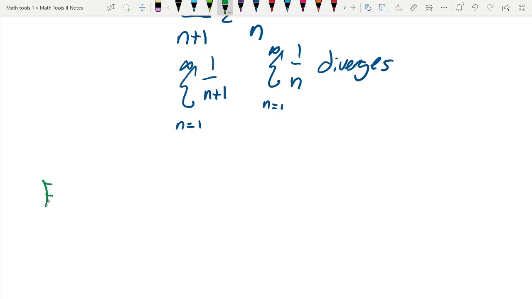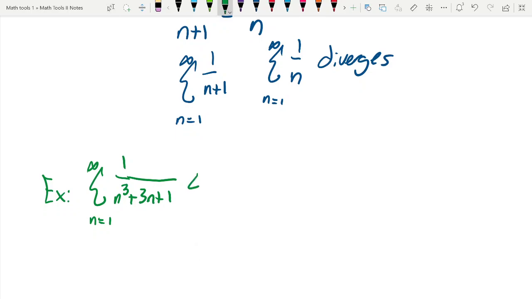So let's say we have something like the sum of 1 over n cubed plus 3n plus 1. Okay. So we want to look for something we can make a comparison with here. Well, this one is going to be less than 1 over n cubed. Okay.